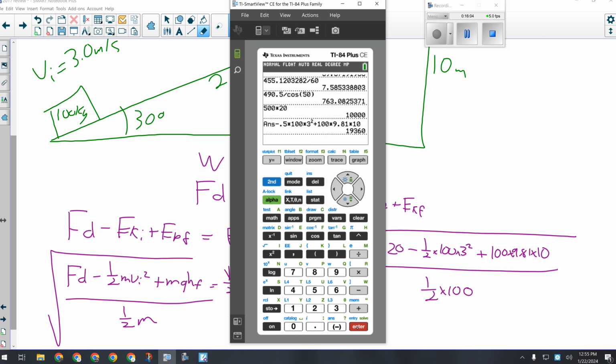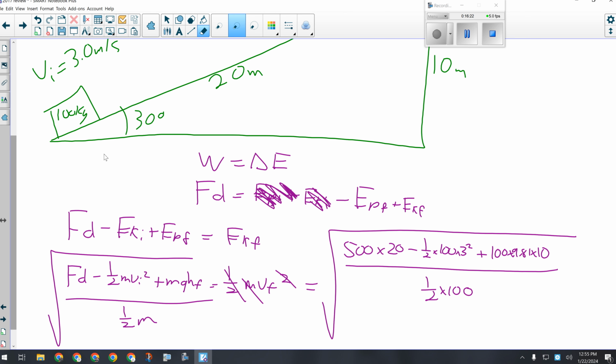And then I'm going to divide that by 50, and then square root that. So at the top of the ramp, this thing's moving pretty fast. Moving at 19, well, we only have 2 significant digits, so 20 meters per second. That's the short way.